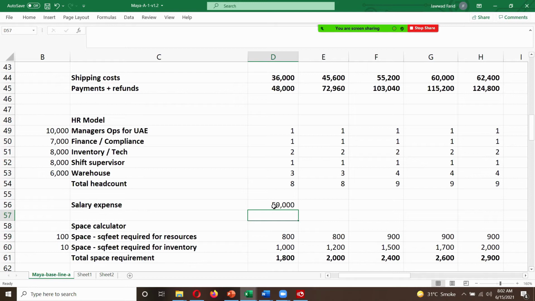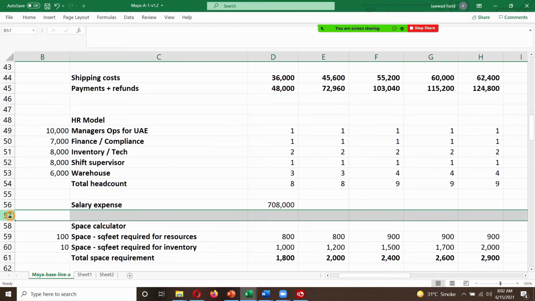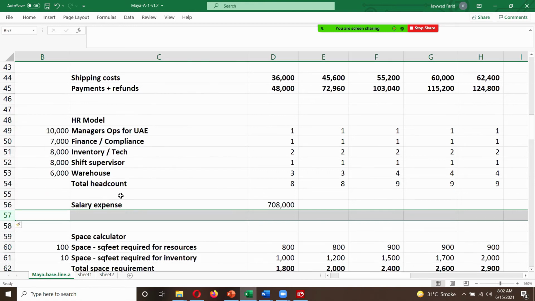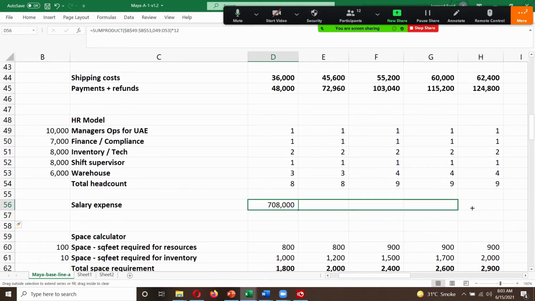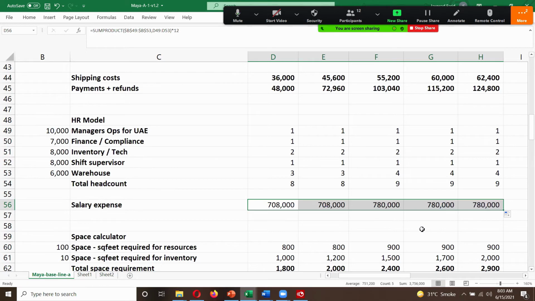So that's 59,000 dirhams per month times 12, because I have to pay an annual bill, and that's my salary bill. Do you guys follow? Does that make sense? Sum product. Then you extend this from here to here, and you've got your salary bill calculation.